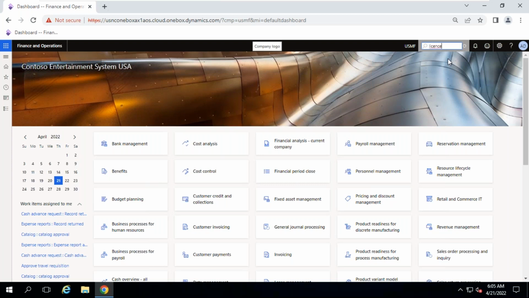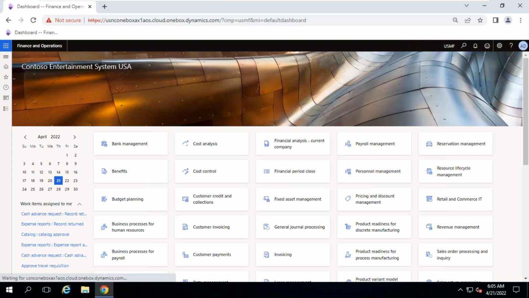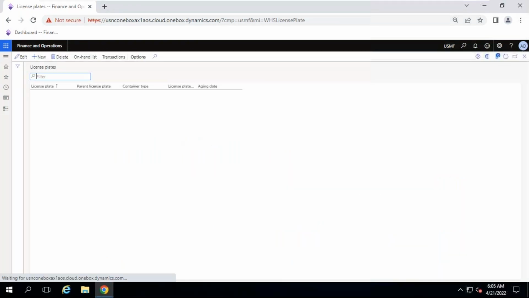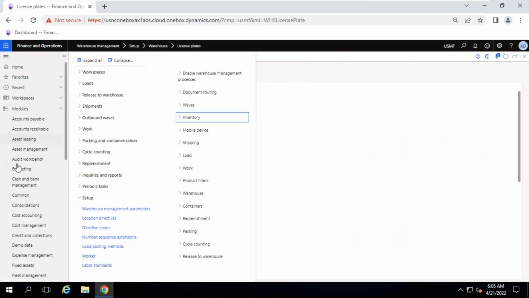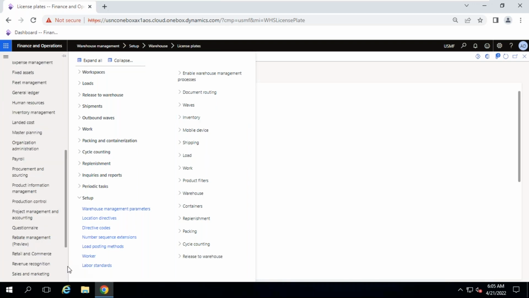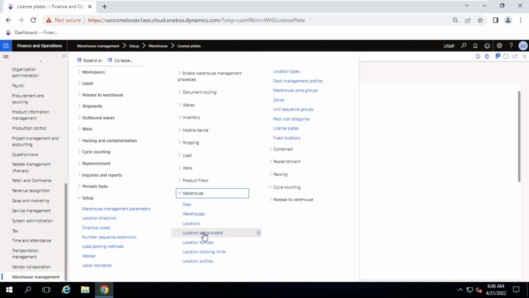This license plate functionality is a part of advanced warehouse, in the warehouse management module only. I mean to say, you can use this functionality in this module only. Give me a minute, I will show you warehouse here.